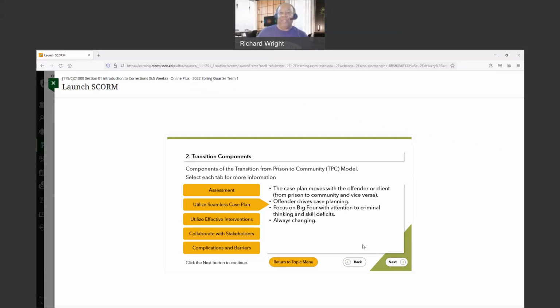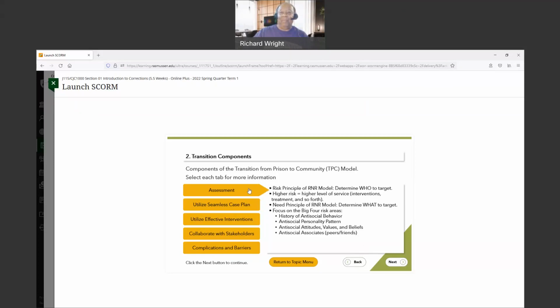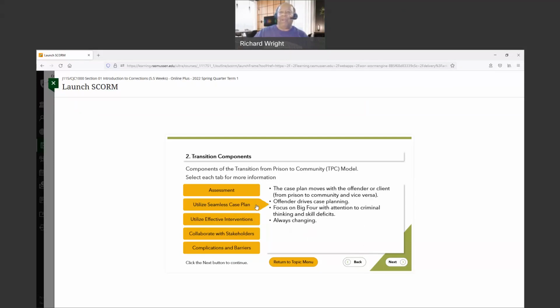Focus on the big four, with attention to criminal thinking and skill deficits. This is the big four again: the history of antisocial behavior, antisocial personality patterns, attitudes, and associates. Just wanted to refresh you about what that was all about. Always moving forward, moving, as I said, on 6 o'clock, not moving to 7, because then you're heading in the wrong direction.